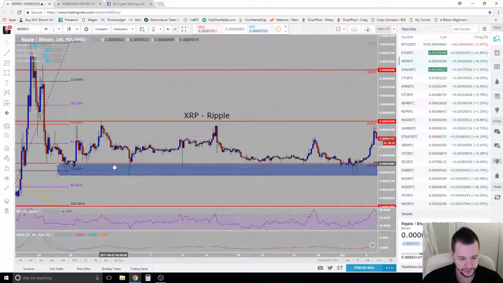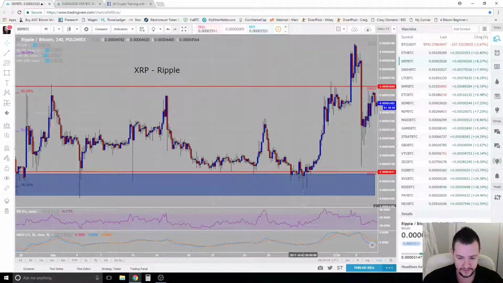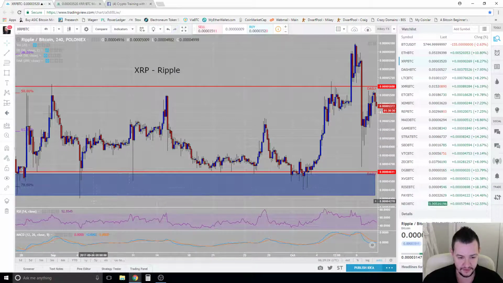Now, you can see you can get in with better entries based upon using this. Okay, so if you were to set buy orders at the very bottom, okay, you would have hit one. You would have hit one buy order there during this whole time frame.